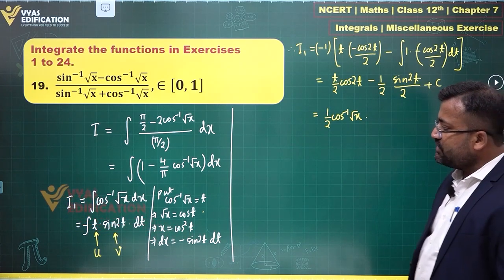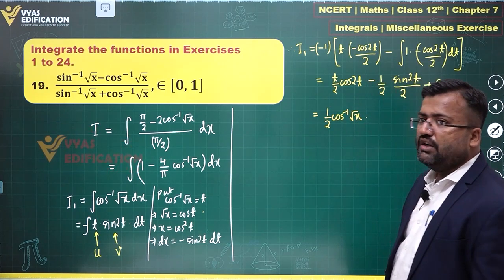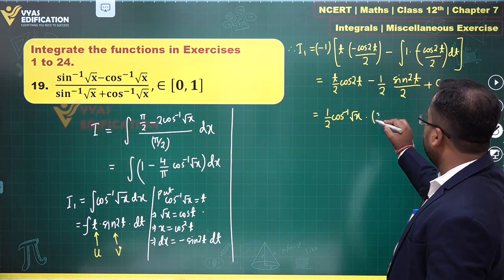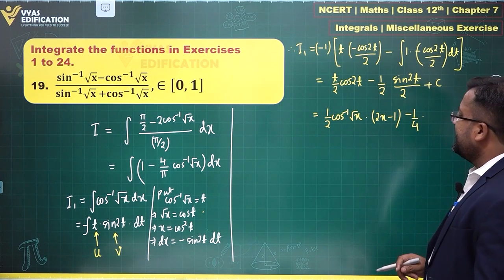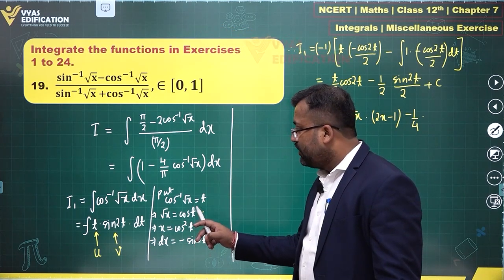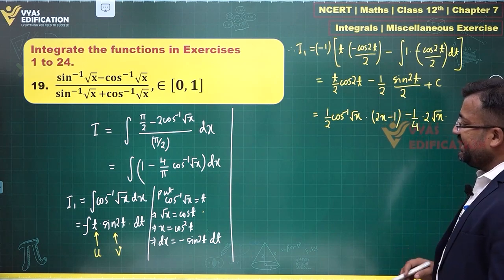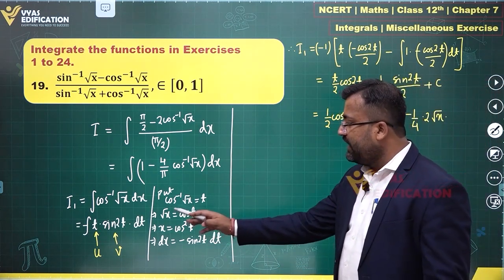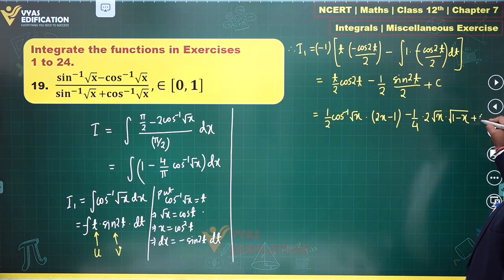Cos 2t is 2 cos square t minus 1, which is 2x minus 1. Minus 1 by 4 sin 2t. Sin 2t is 2 sin t cos t. Cos t is root x, and sin t will be under root of 1 minus cos square t, which is under root of 1 minus x. This is what you get, plus a constant.